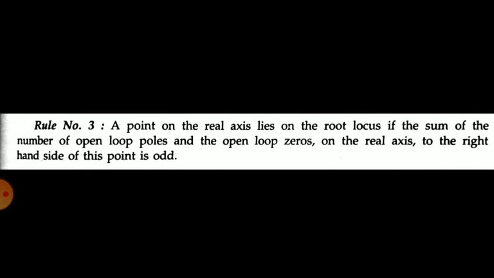Rule number 3, that is regarding the root locus. A point on a real axis lies on a root locus if the sum of the number of open loop poles and open loop zeros on the real axis to the right hand side of this point is odd.